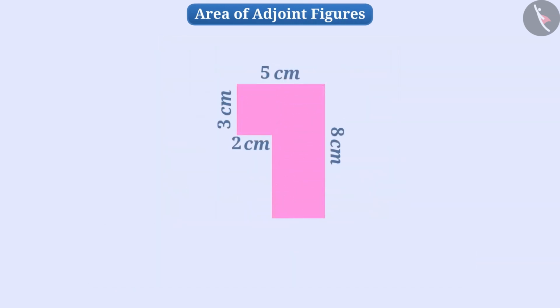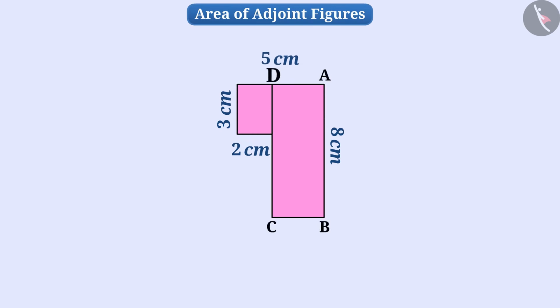Now look at this figure. Can you tell what will be its area? Think. Let me tell you. We can divide this shape into two rectangles in this way. Let's name them. This is rectangle ABCD and this is rectangle DEFG.